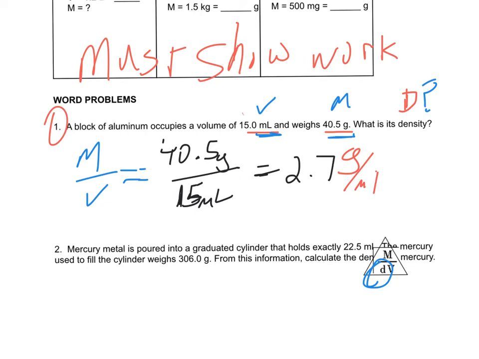Normally what I look for is the correct significant figures, and here your least amount of significant figures is 2. But most of the time, as long as you have one number after the decimal, that's okay, unless it's a really small number. And this is good. So your answer for number 1 is 2.7 grams per milliliter.